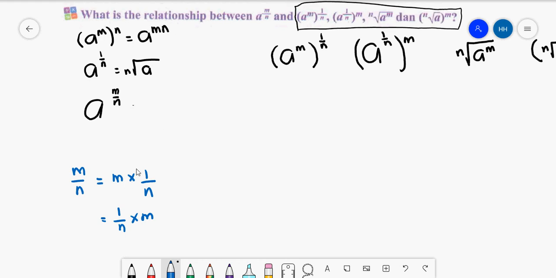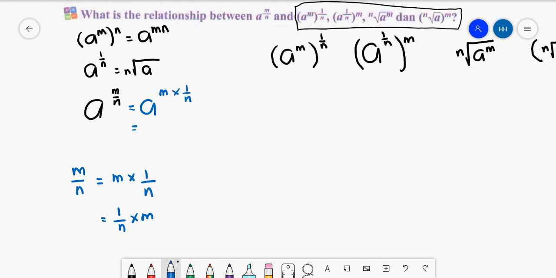Because this is multiplication here, a to the power of m over n we can write as a to the power of m times 1 over n.